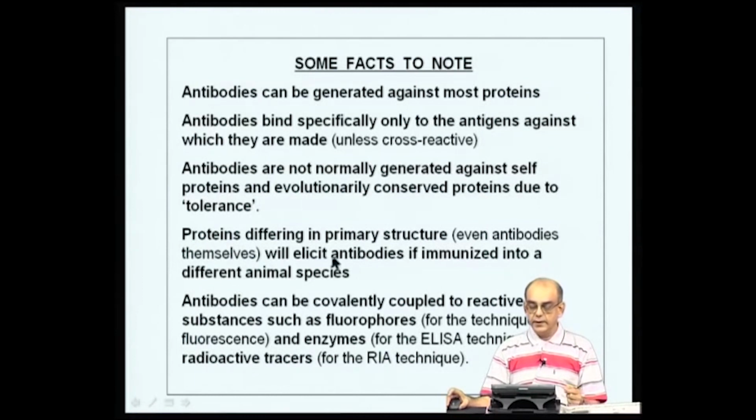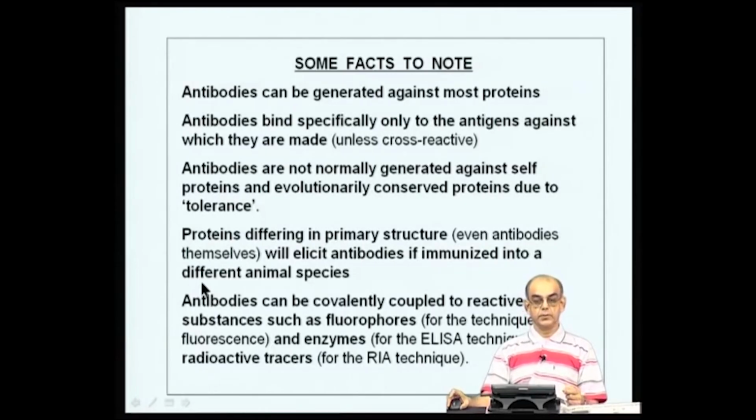Proteins that differ in primary structure, for that matter even antibodies themselves, because they have a variable domain, are variable in nature in the variable domain. So, even those regions that differ in the primary amino acid sequence will elicit antibodies, provided they are used to immunize different animal species, again because of the phenomenon of tolerance.